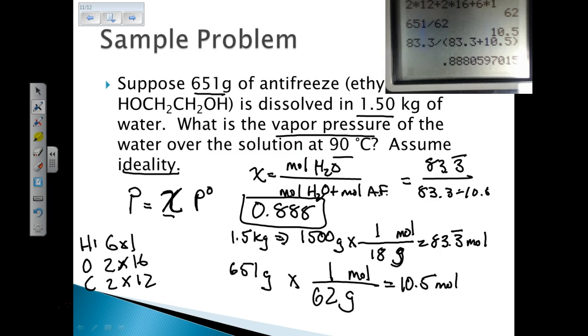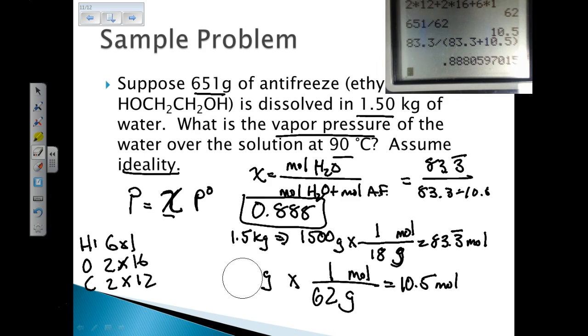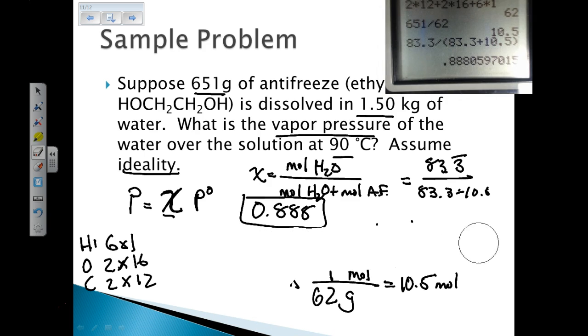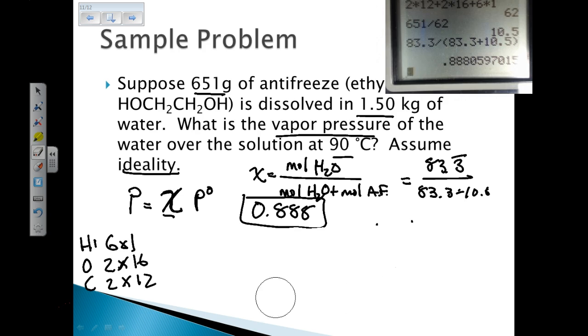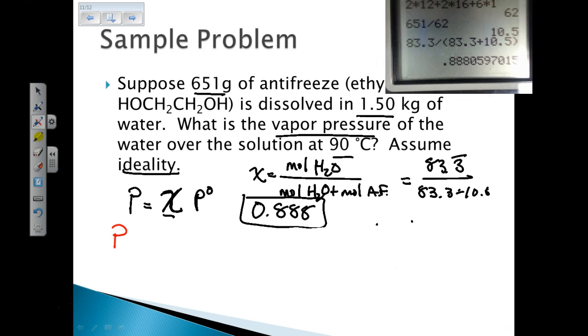So we will go to slide 11. Okay, so now I'm going to make a little room. And I'm going to say that the new pressure is equal to 0.888 times 525.8.